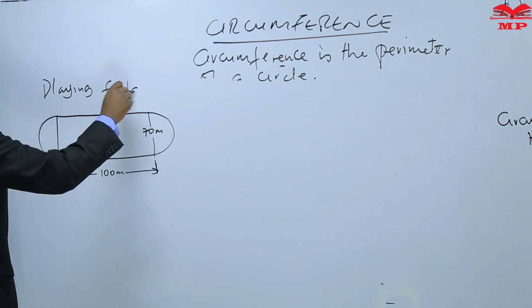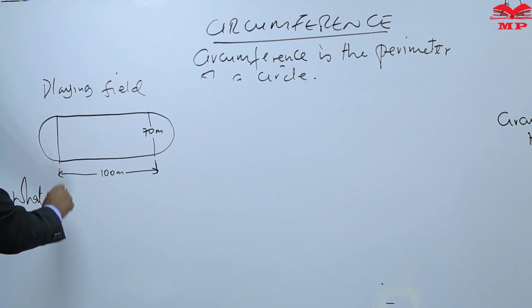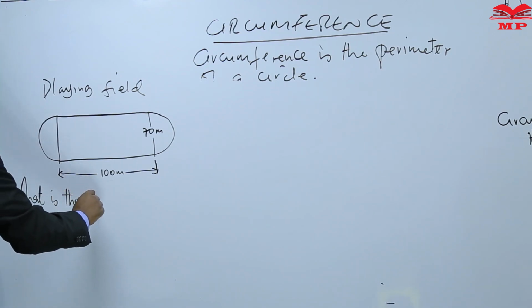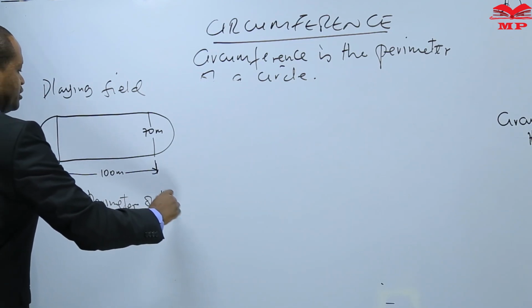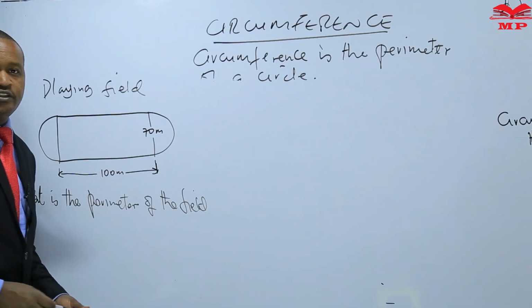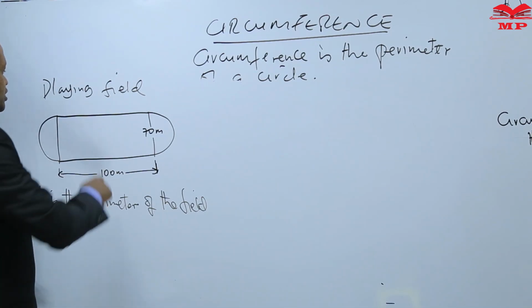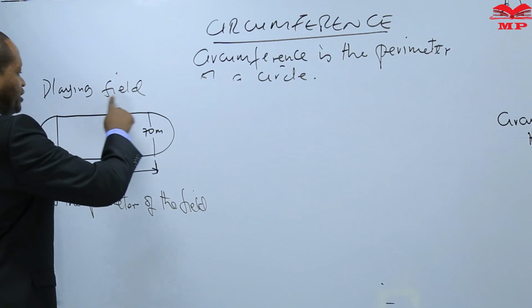The question is, what is the perimeter of the field? The perimeter of the field is the distance around the field.